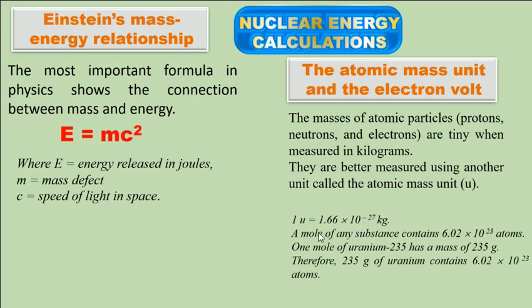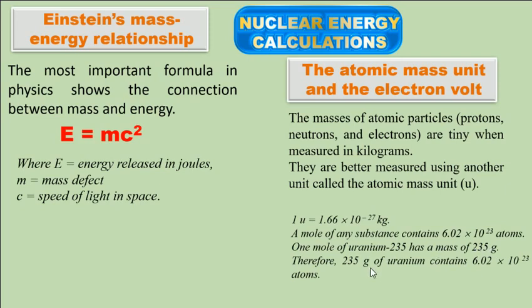Now, a mole of any substance contains 6.02 times 10 raised to the power 23 atoms. That's 1 mole of a substance. So in that case, if we have a mole of uranium-235, it is going to contain 235 grams.